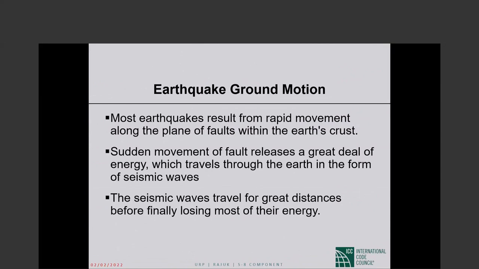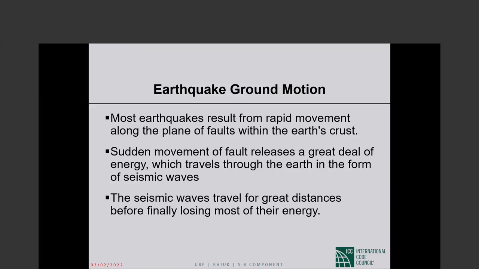Earthquake ground motion to start with. Most earthquakes, not all, but most, result from a rapid movement along the plane of faults within the Earth's crust. Those are seismic faults that are in many parts of the world.